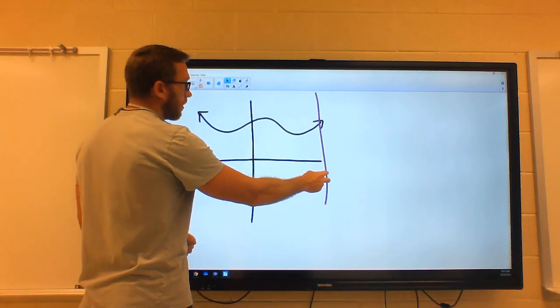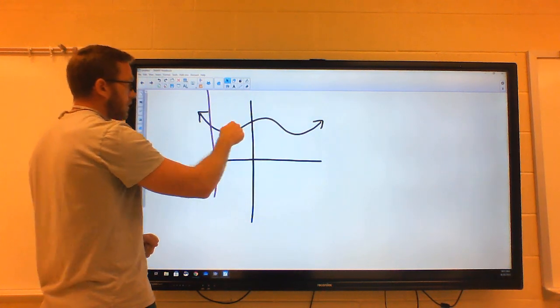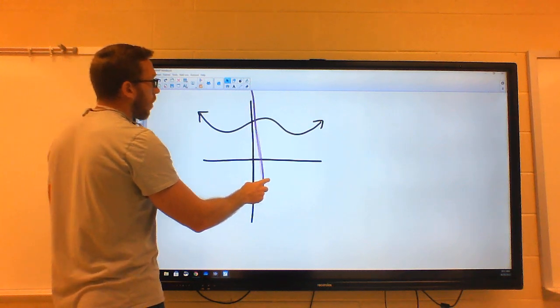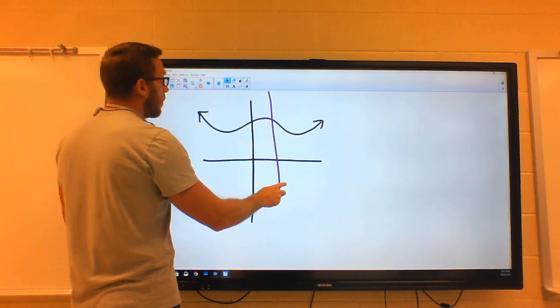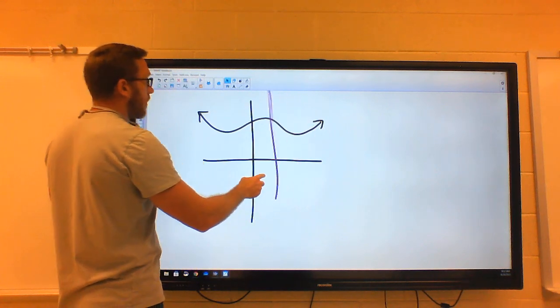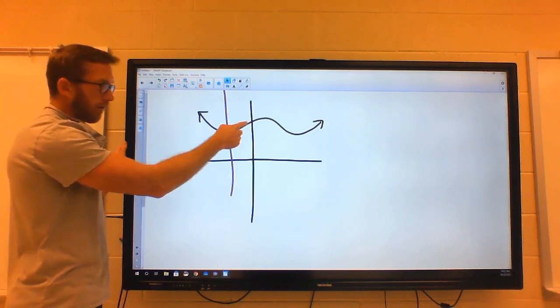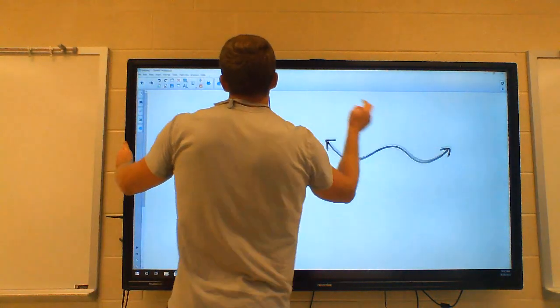If you were to take a vertical line and you were to run it across the entire function, so the function is this curve, okay, it would only ever cross at most one point. It could cross nowhere, but it at most would only ever cross at one point. Because if it crossed at a second point, so this is a function because it only ever crosses at one point, okay?